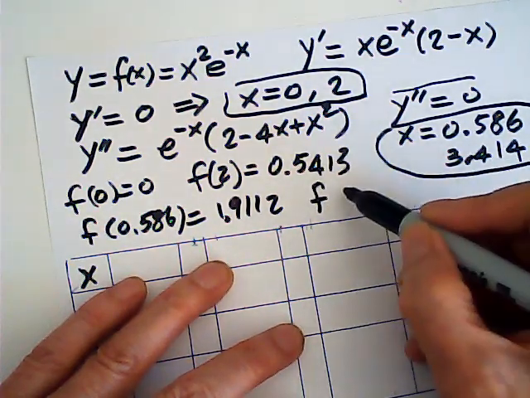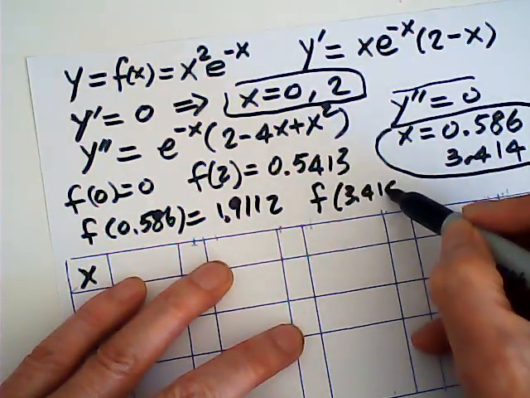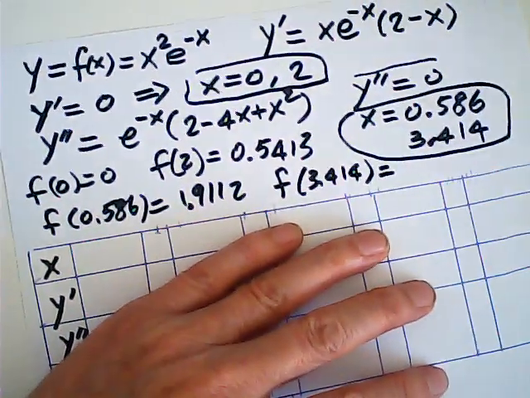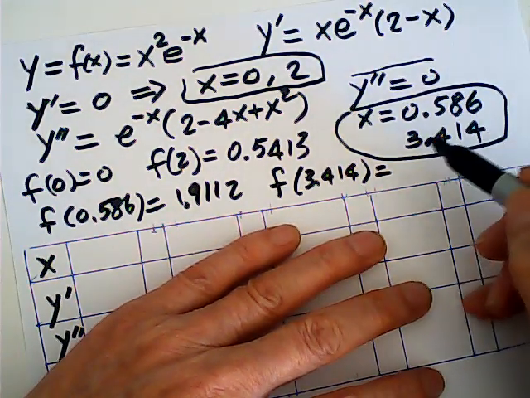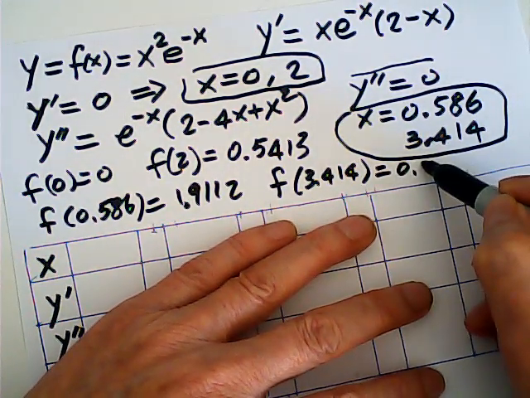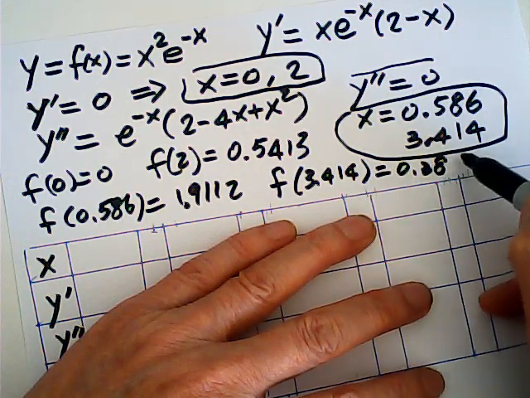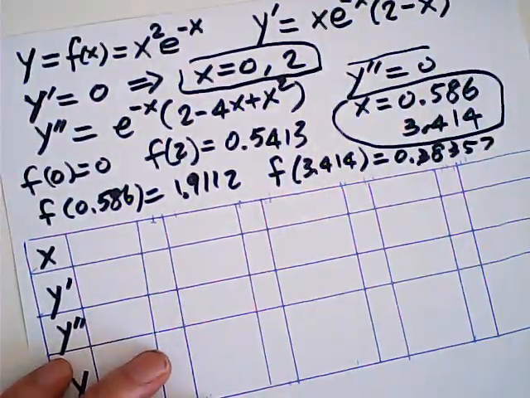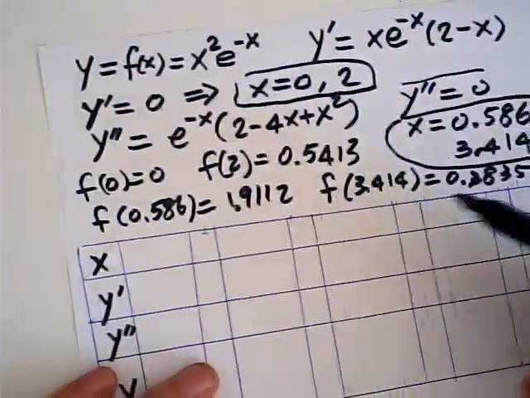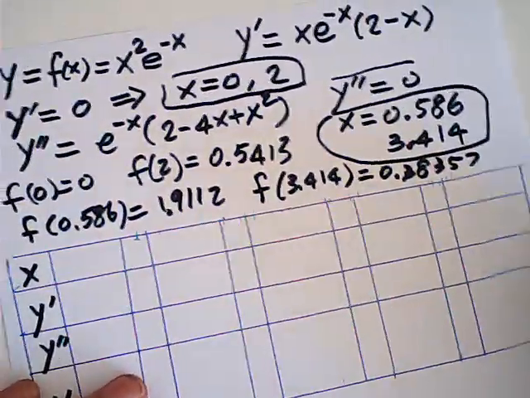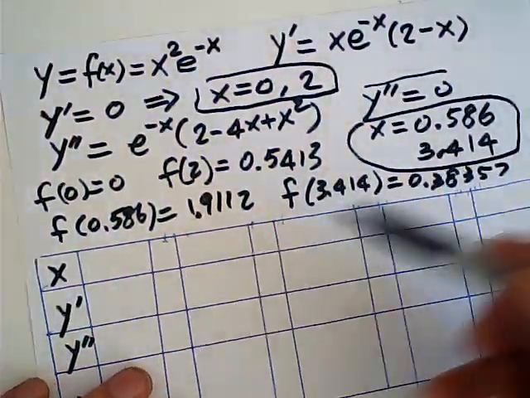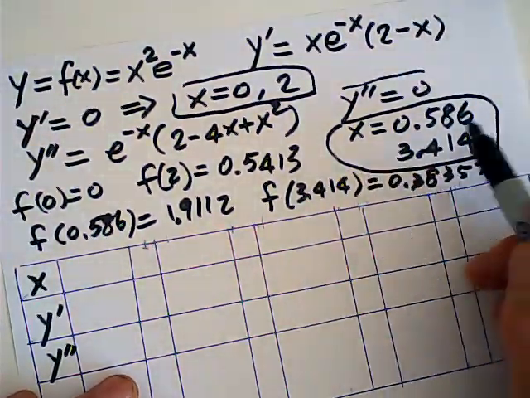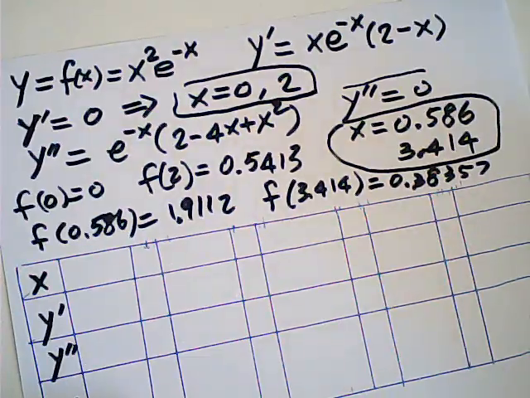And f of 3.414 is equal to 0.38357. These are just preparing for our curve sketching, okay? It simply means the calculated values after you find the critical points.